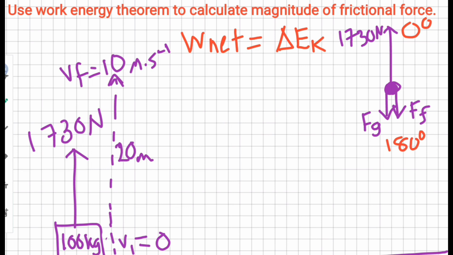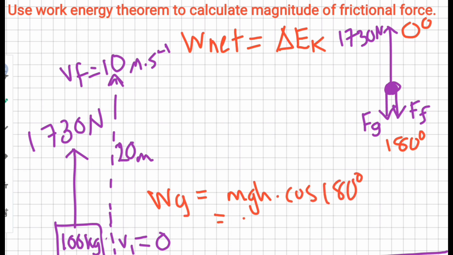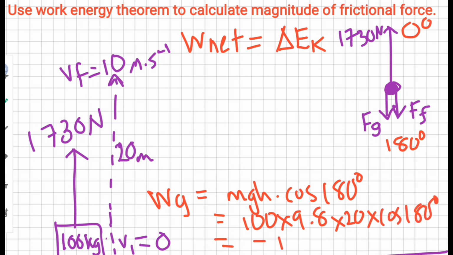Okay, so the work done by gravity, we can use the EP formula mgh, times the cos of 180. So the mass is 100, 9,8, 20, cos of 180, negative 19,600 joules.